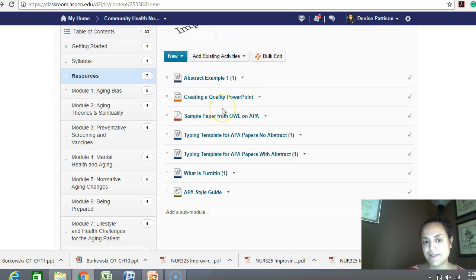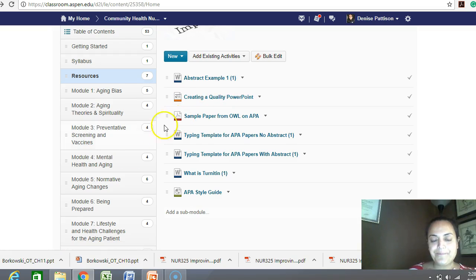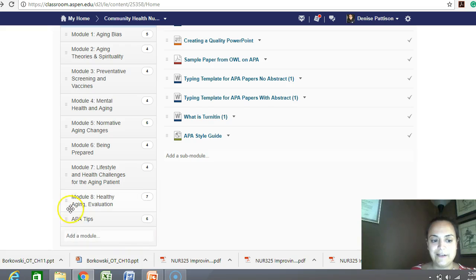There's information on creating a quality PowerPoint, sample paper from APA, typing template for APA papers without an abstract, with an abstract, how to use Turnitin, and then APA style guide. And so I guess since we're on this vein, I added a module on APA tips.